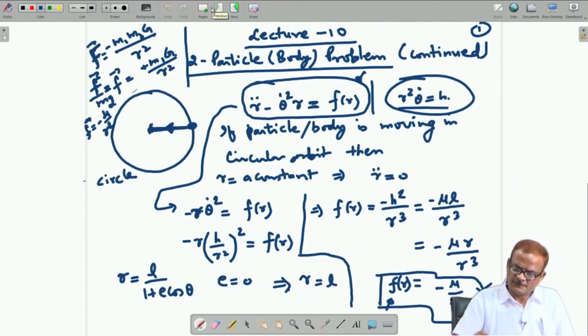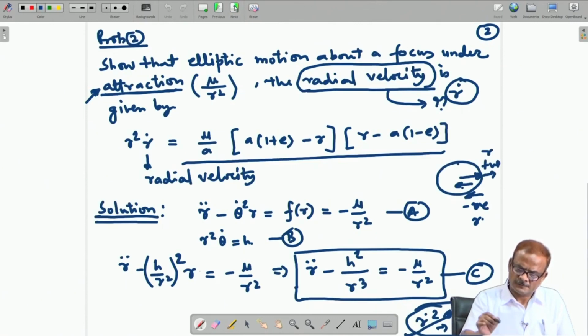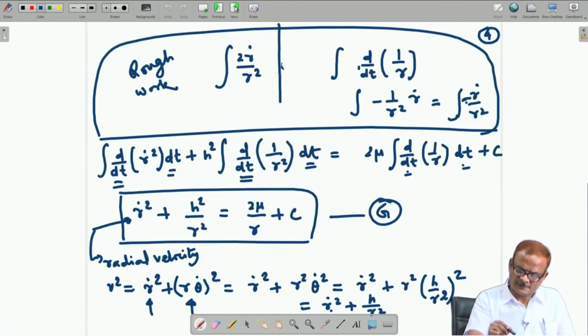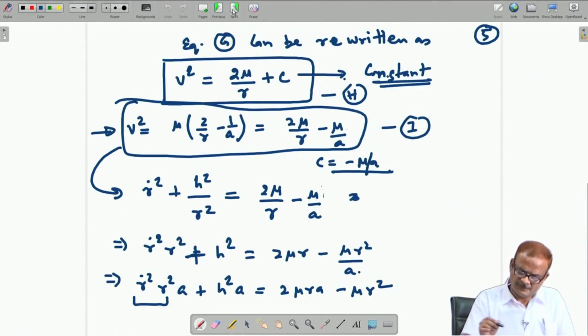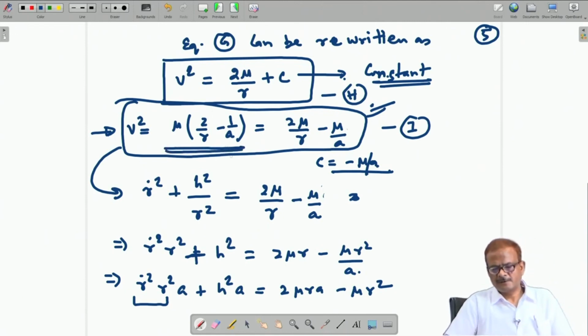So, we started solving this problem in the two particle system. This was our problem here, and ultimately we have got the result, but at one stage we used one piece of information which I have not yet derived: V square equals mu times 2 by r minus 1 by a.